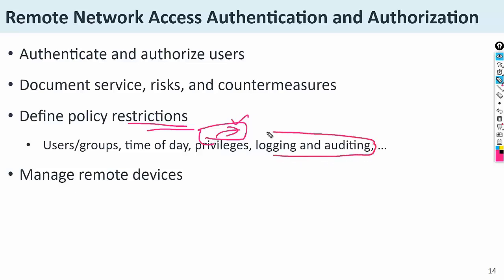Logging and auditing is another thing. There are lots of users who will connect to the network remotely, so it is possible to track what they are doing, how many times they failed, when they were allowed, and what resources they accessed.